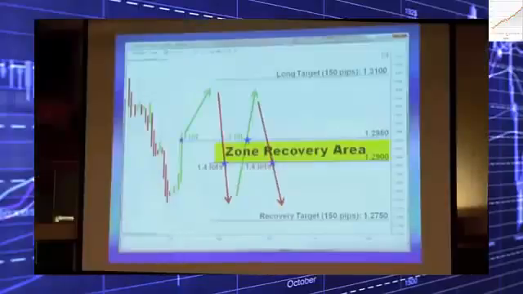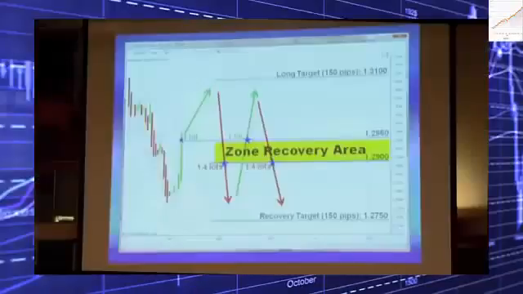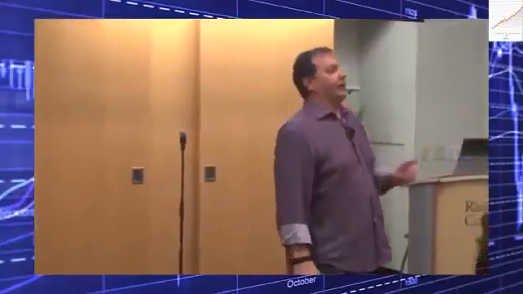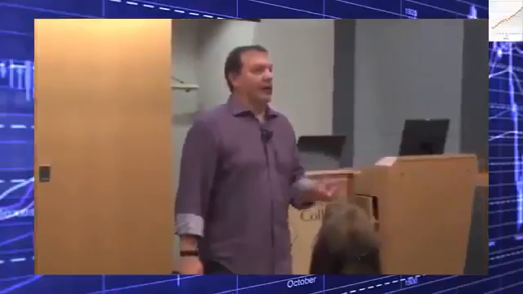Right? So if I hit this target, I made 20 pips. See, I don't know which one I'm going to hit first, but I'll tell you this: sooner or later, I'll hit one.